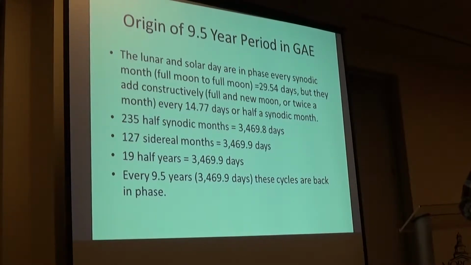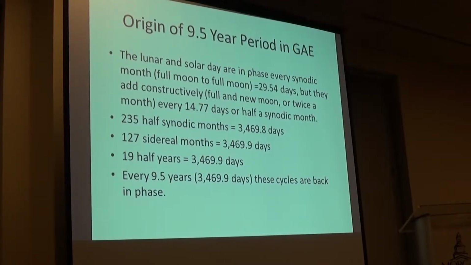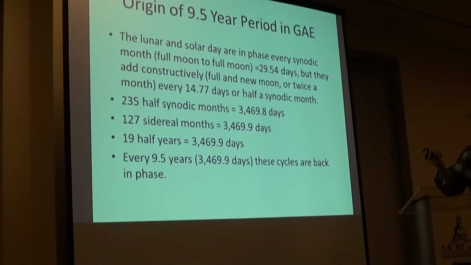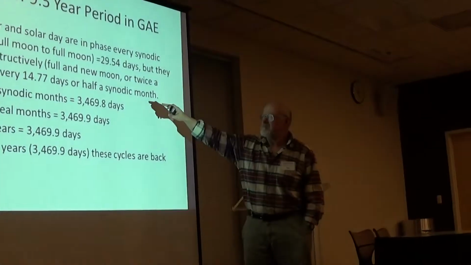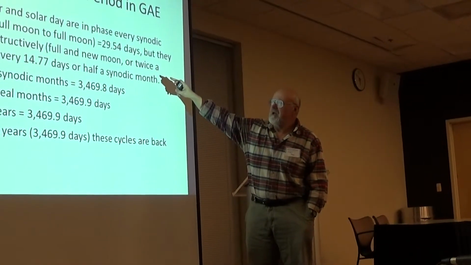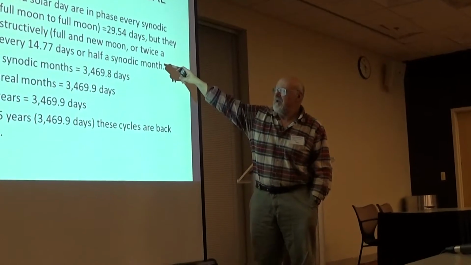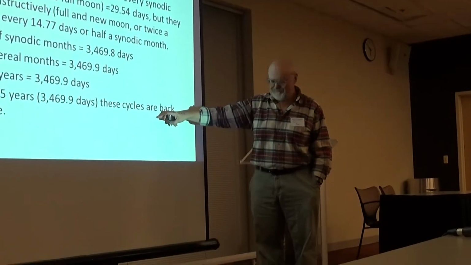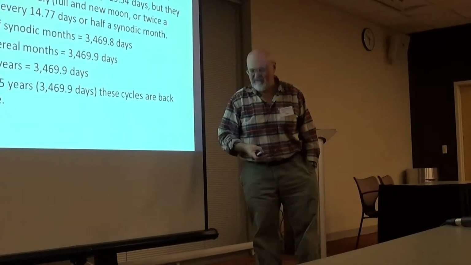If you want to look at the repeat period of these, what the resonance would be, when they would all be in phase, you essentially get half the metonic cycle, or 9.5 years.